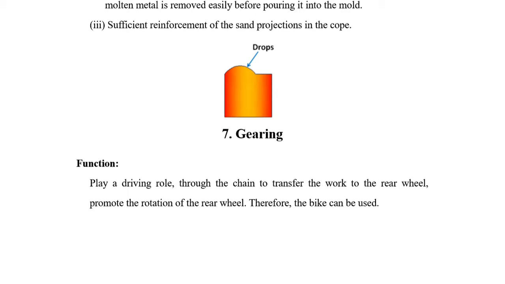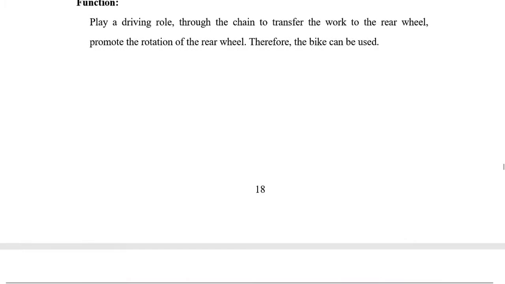Then let's move on to the next part, the tire. Also, firstly, as for the function of it, it plays a driving role, so the chain transfers the work to the rear wheel and promotes the rotation of the rear wheel. Therefore, the bike can be used.